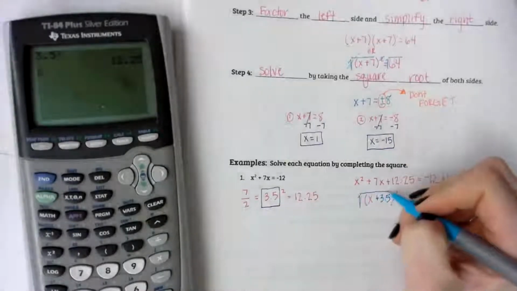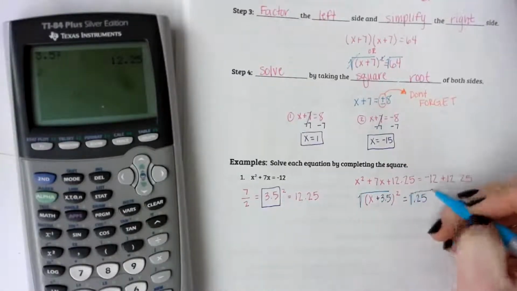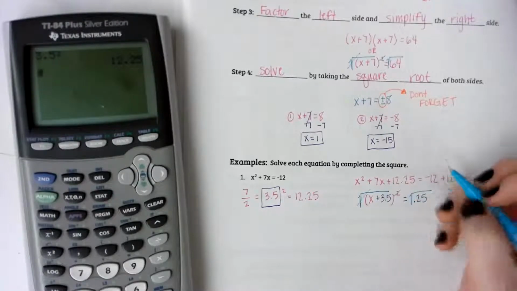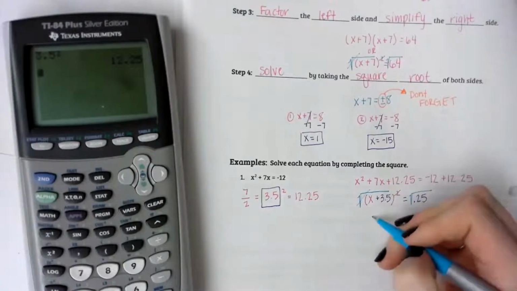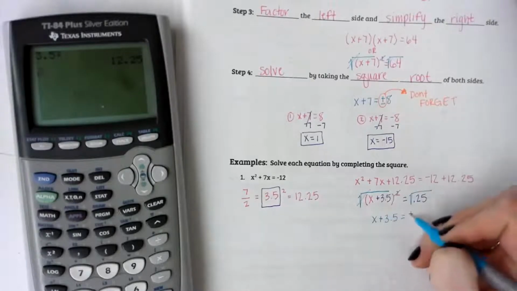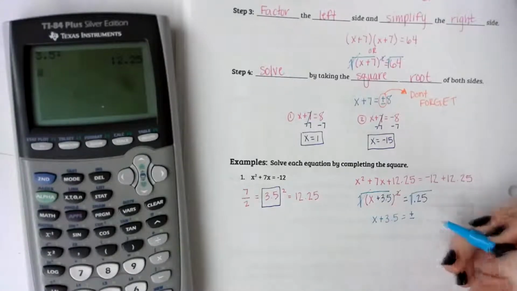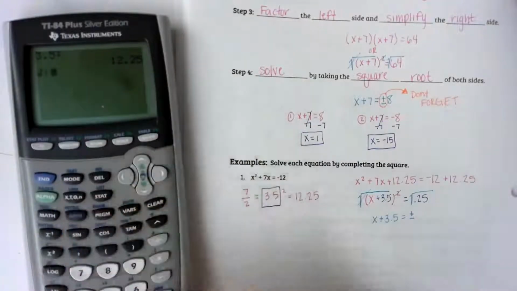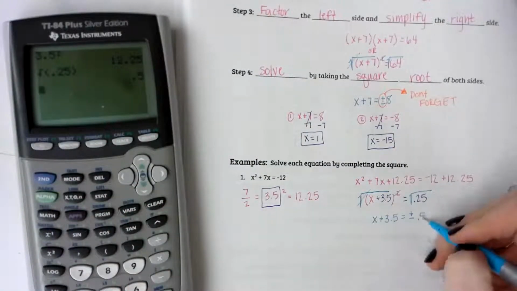So then square root, so this cancels with this. So x plus 3.5 equals, now don't forget that plus or minus, then the square root of 0.25 is 0.5.